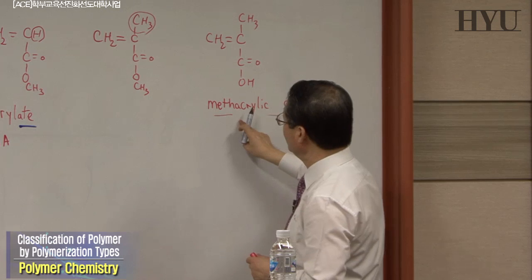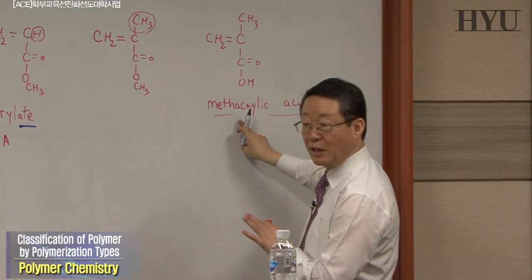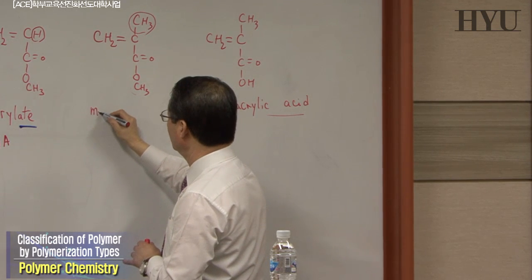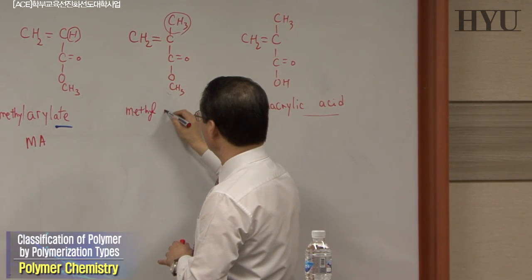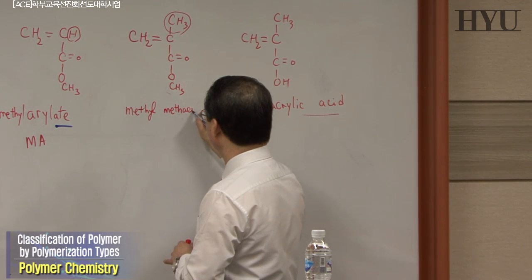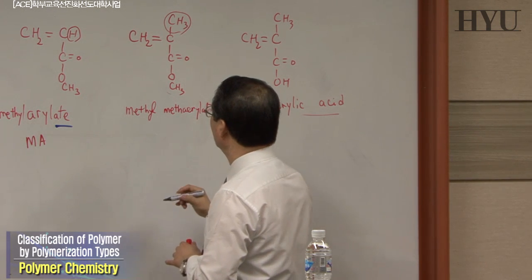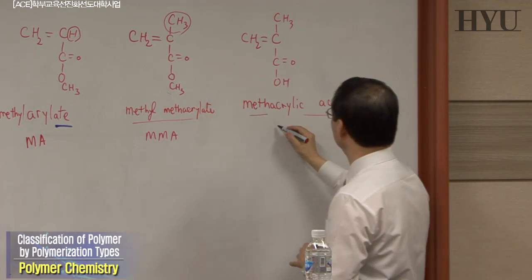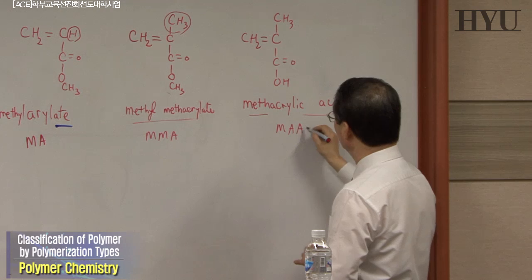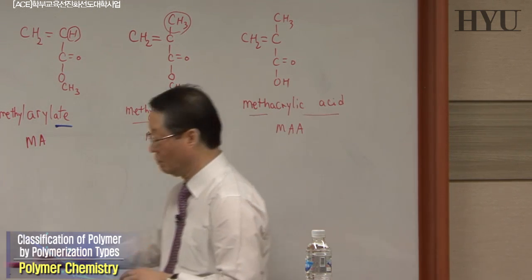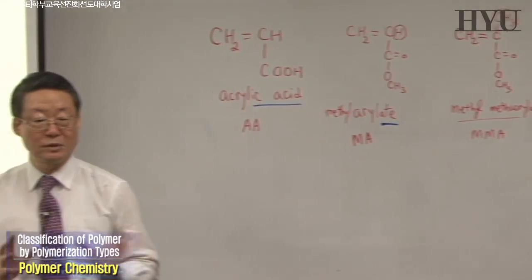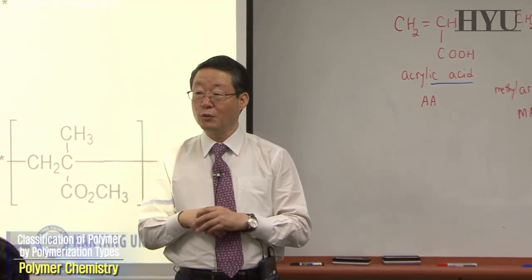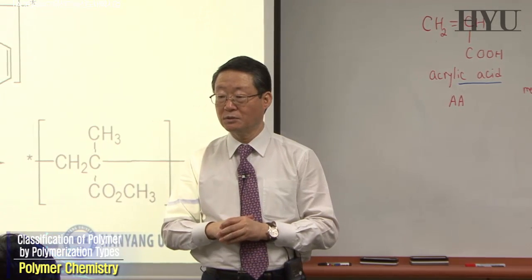Now, when you esterify this methacrylic acid with the methyl group here, we call this methyl methacrylate. So this is the rule of how we can name the acrylate or related monomer products.